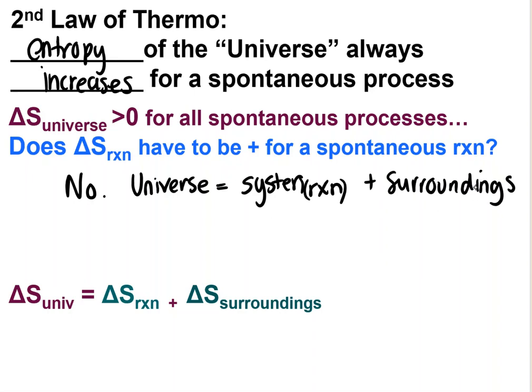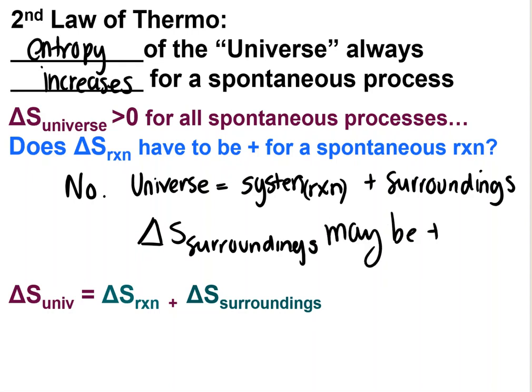Because the universe includes the surroundings, and the surroundings' entropy can change as well because of being warmed up or cooled during the reaction. So we need to take that part into account. So here is the change in entropy for the universe, and this is the change in entropy for the substances.